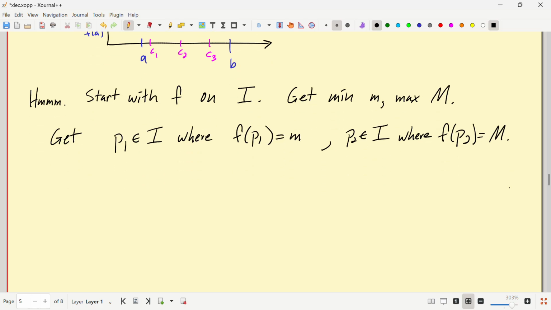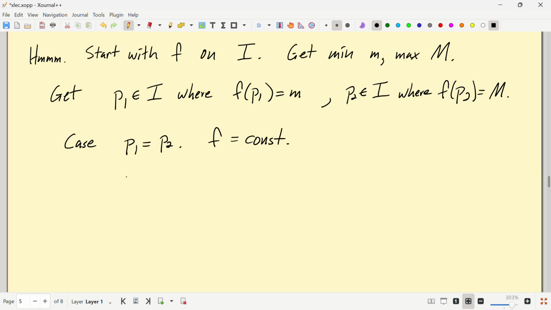I don't know if P1 is less than P2, we'd have to do cases. If the max is equal to the min, the thing is constant, so that's a dumb case. Case P1 equals P2, f is constant. Kind of a dumb case. Case P1 less than P2, that'd be good.